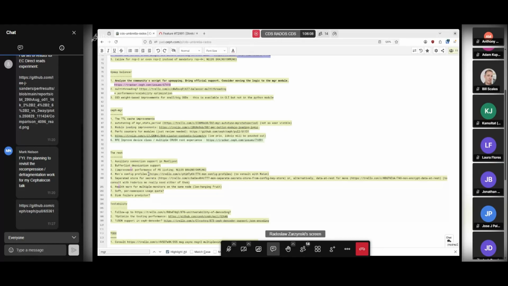Config profiles. A long-existing idea. I think that Sage made the very first implementation. It hasn't been merged yet, but Matan has already started poking at this topic. There is at least a PR that merges cleanups for the sake of the future rework.